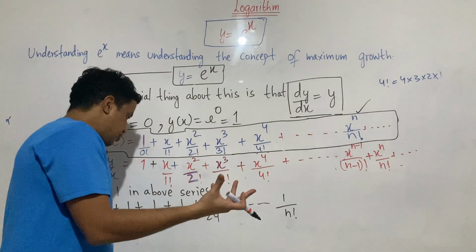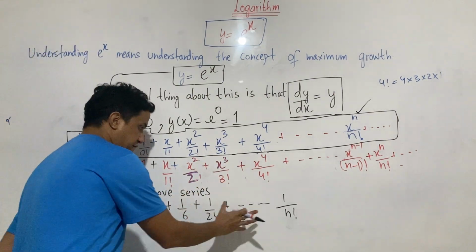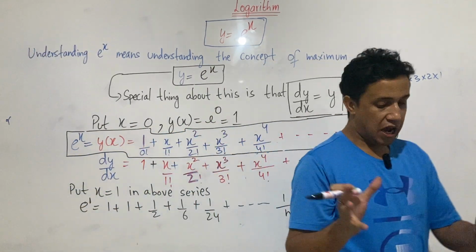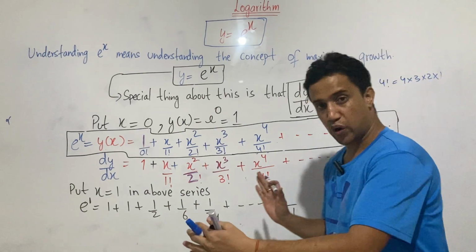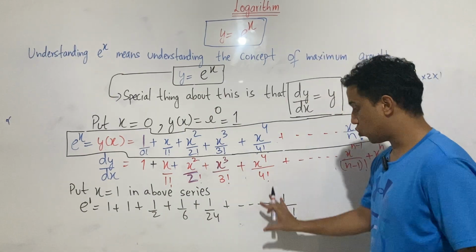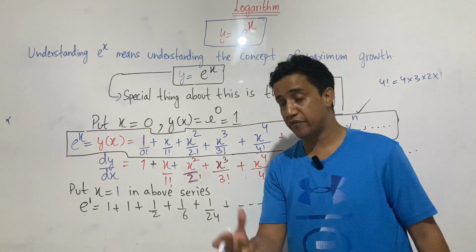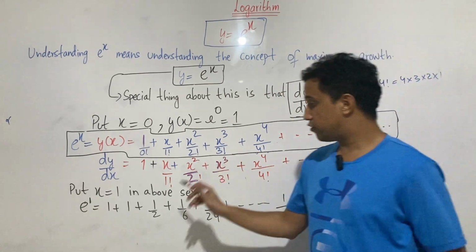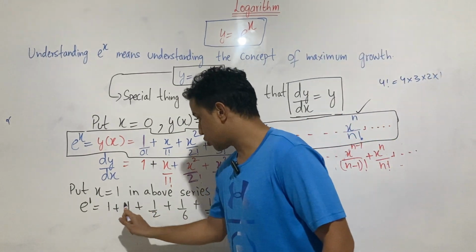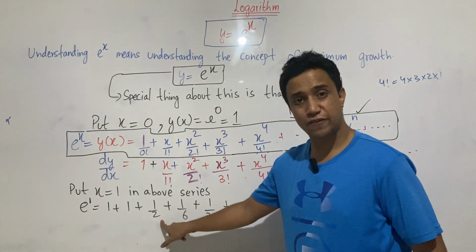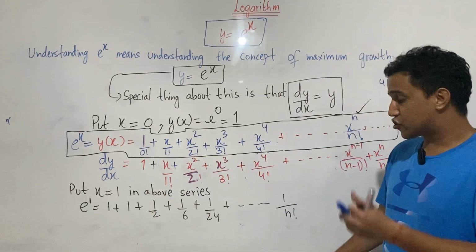Now as I have told you, these factorials, their values are going to be bigger, so the overall value of the terms is going to be very small. If you look at it, here we have 1 plus 1 is 2, and this is 0.5, so 2.5.